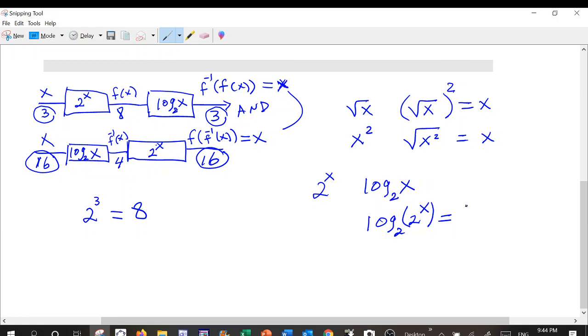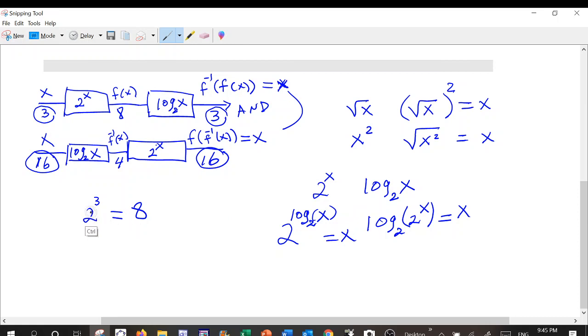Well, they cancel each other, you get x back, right? The same is true if you take this one and substitute it for x here. That means you take 2 to the power of log base 2 of x. And notice that, again, you start with x. What do you do to it first? This. And then what? This. Well, they cancel each other. So you get x back, right?